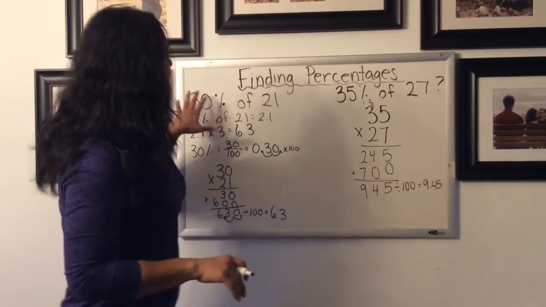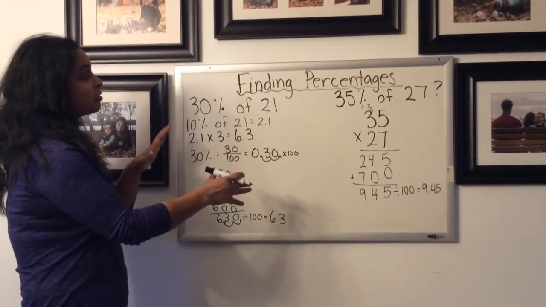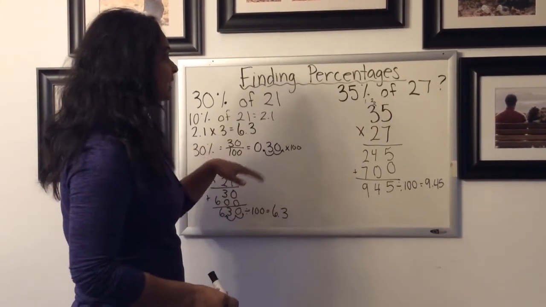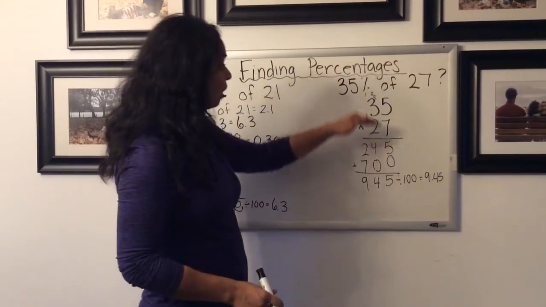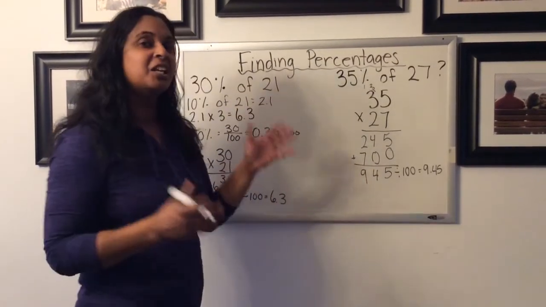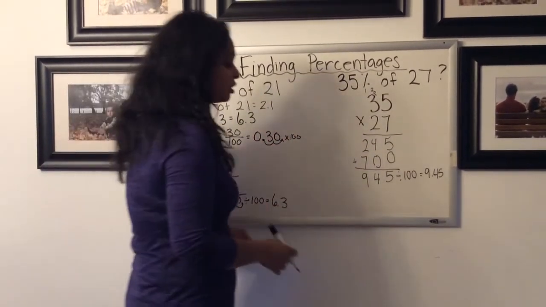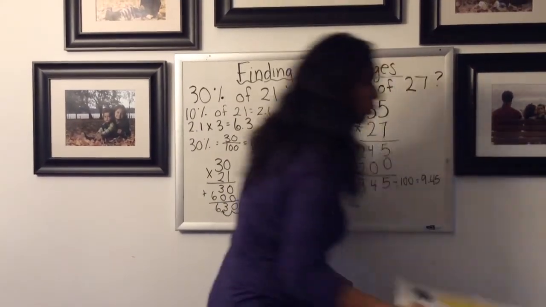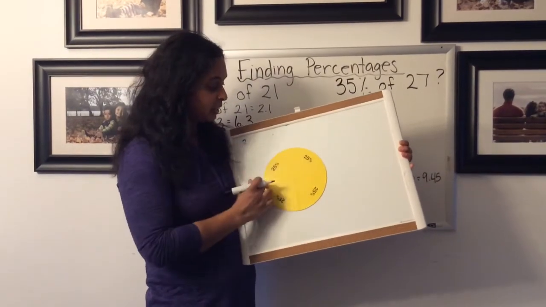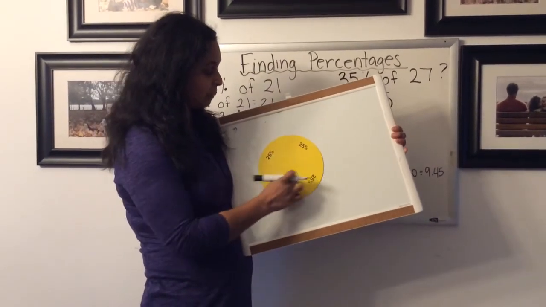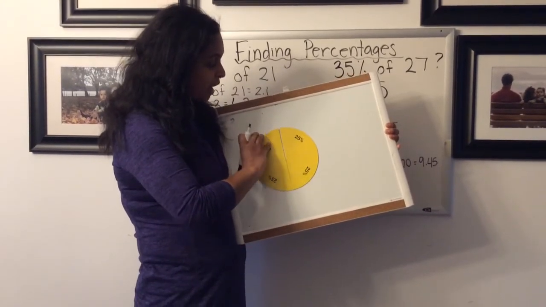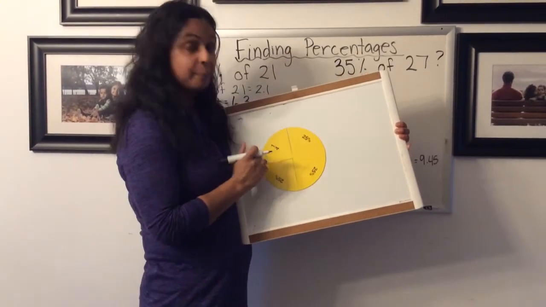You've learned a lot of different strategies now, so try and choose the one that works best for you. In some cases, you may not have to do all of this long multiplication. Some percentages are easier to work with than others. For example, if you wanted to find 25% of a number, I'm just going to remind you of our chart here. 25% of a number means it's 1/4 of the number that you're looking at.